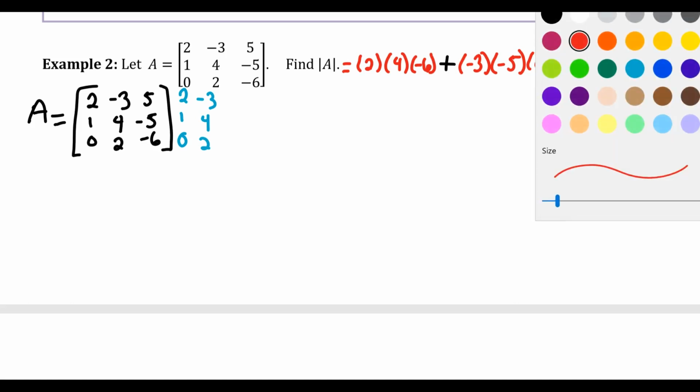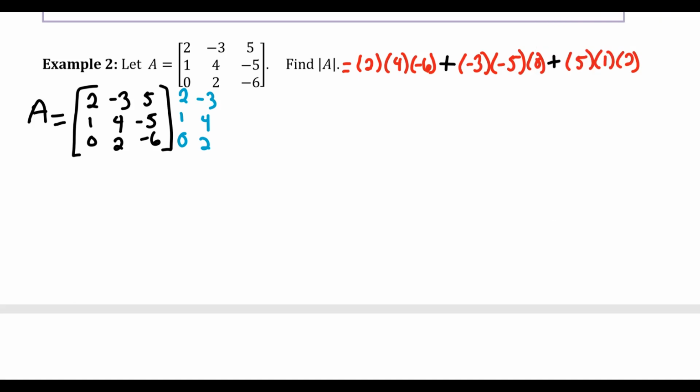So I'm going to come to my backward diagonals. Whenever I do this, I start out with a minus sign, and I'm going to do 0, 4, 5, so 0 times 4 times 5.